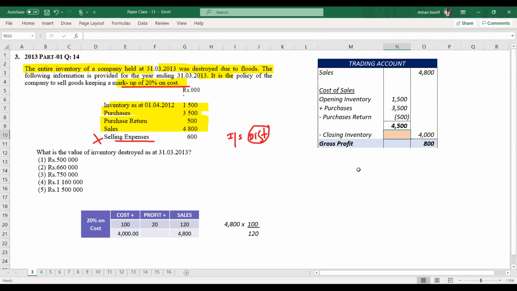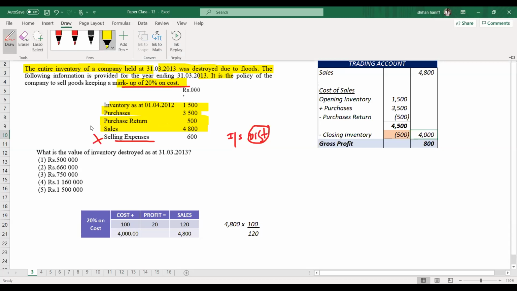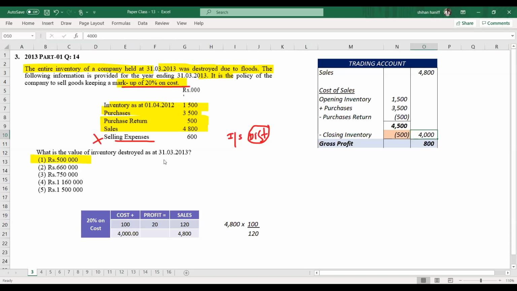So what is the closing inventory? Closing inventory is 500. So if you deduct 500 only, you will get the answer as 4,000. So the answer for this question is 500,000.